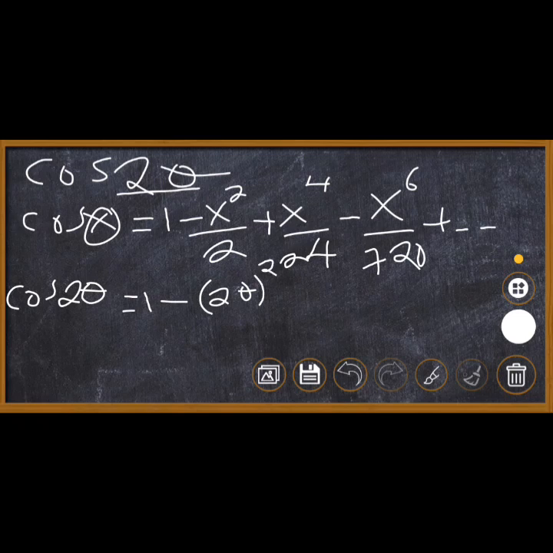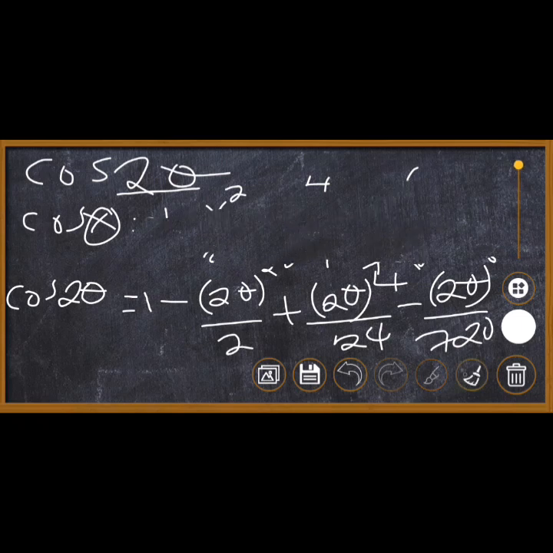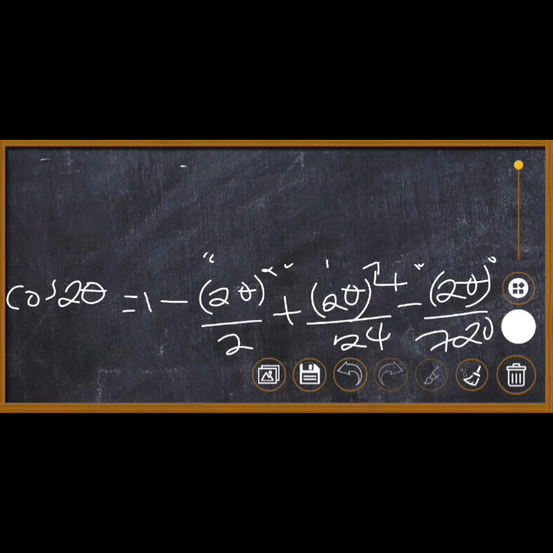So here it's squared over 2, then added to 2 theta to the 4th power over 24, subtract 2 theta to the 6th power over 720. So hopefully you are following. I've just replaced where there is x with 2 theta since we have already done the cos of x.